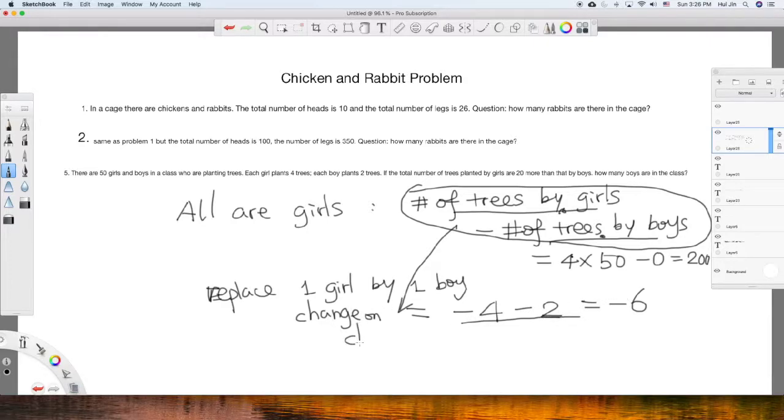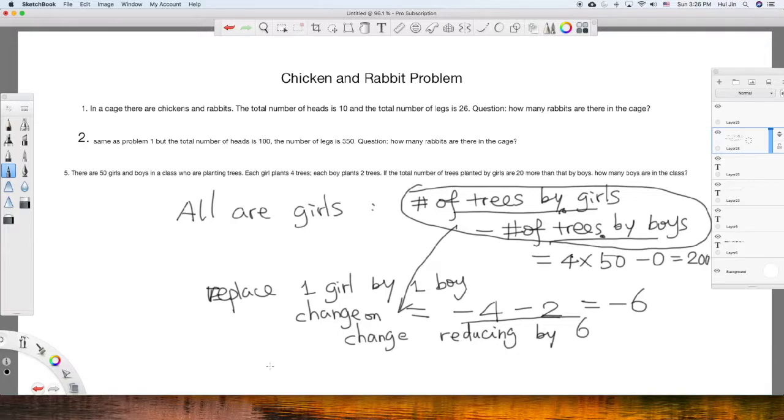A change is reducing by 6. And this is true for every time when I take a girl replaced by a boy. Replacing one girl by one boy is going to be reducing the number of trees difference by 6.